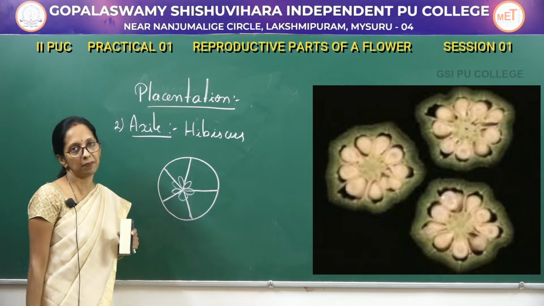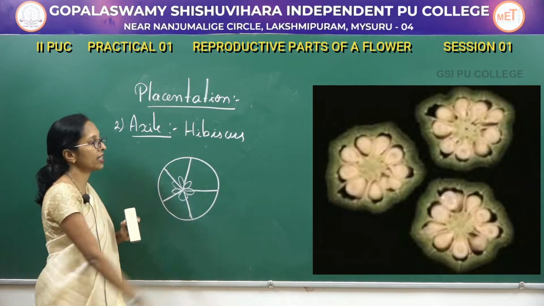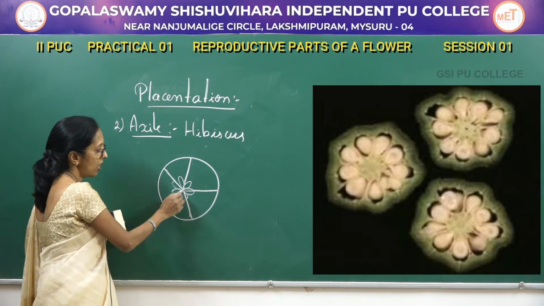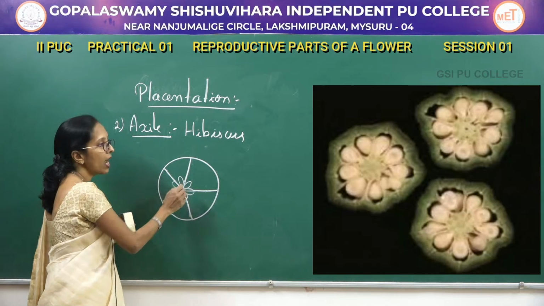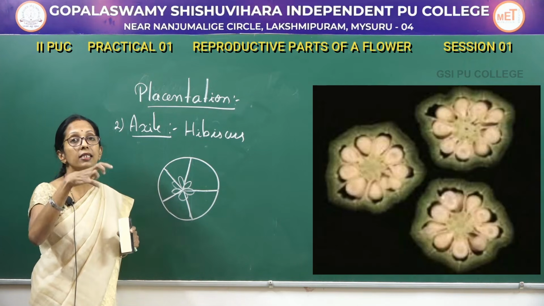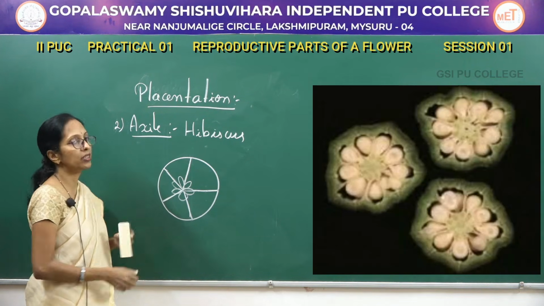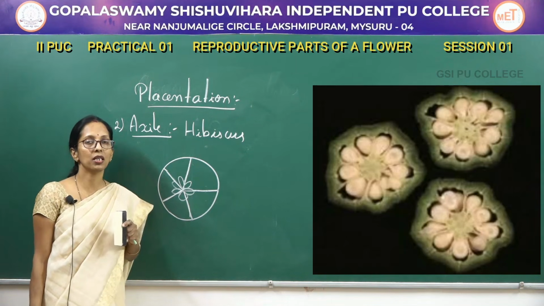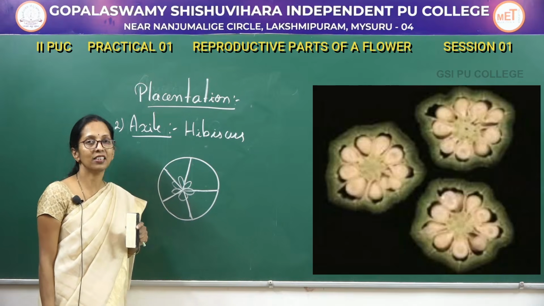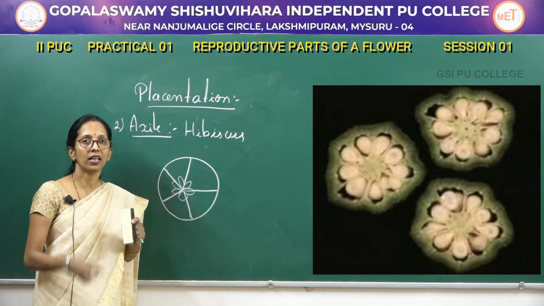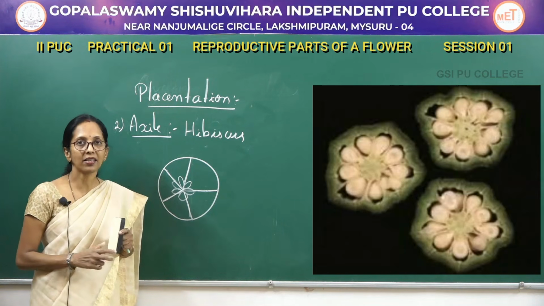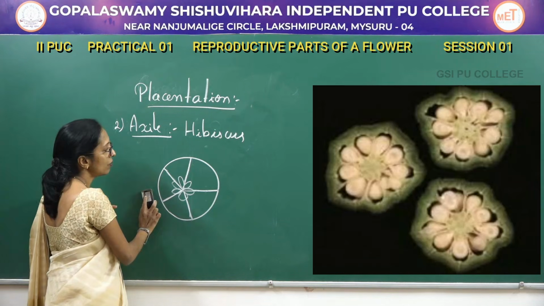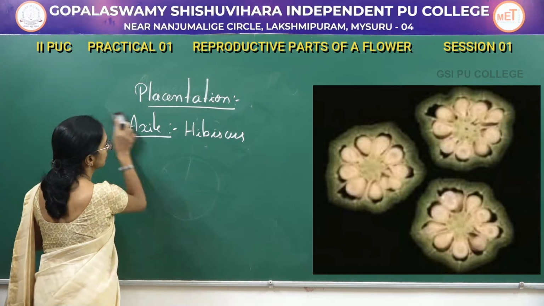So, in hibiscus all the ovules are attached to the central axis. Therefore, it is axial placentation. In this picture, you can see the ovules attached in the central axis with the septa.